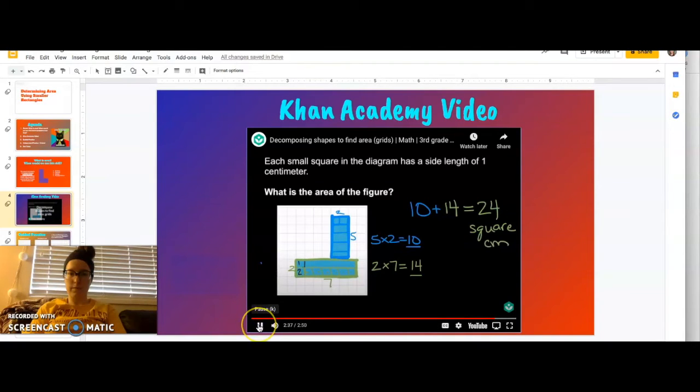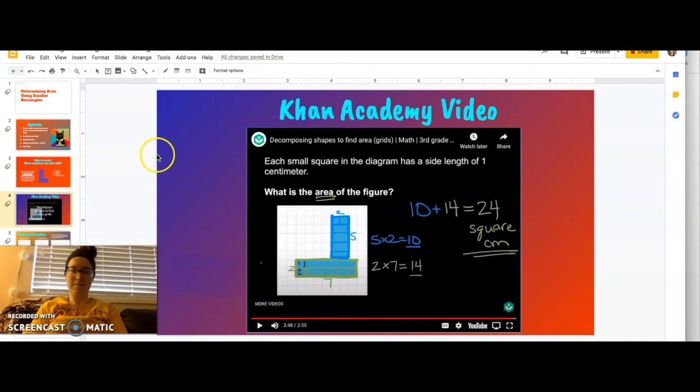So 24 square centimeters is our area, because area is how much space does it cover, and we figured out that it covered 24 square centimeters. I'm really glad that she remembered to label with her units at the end. All right.